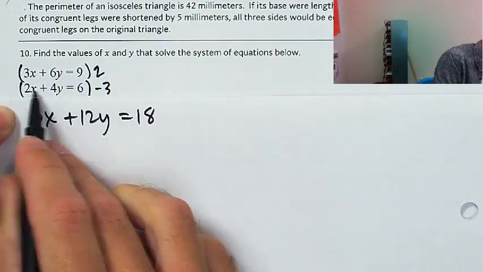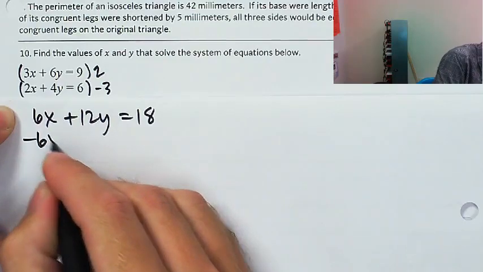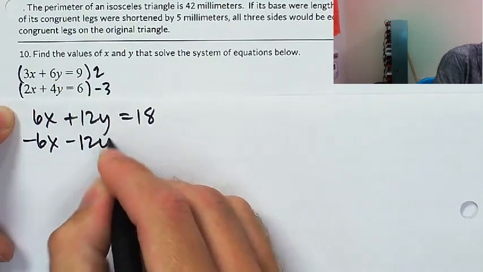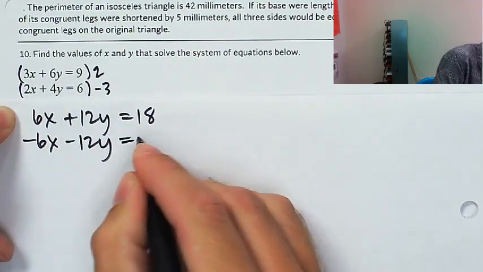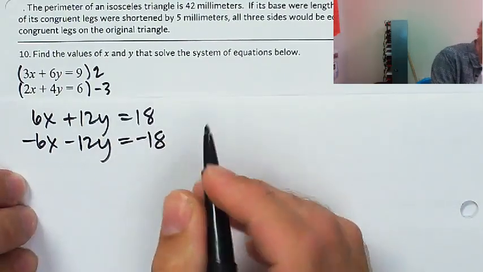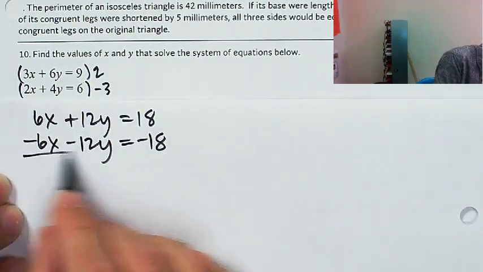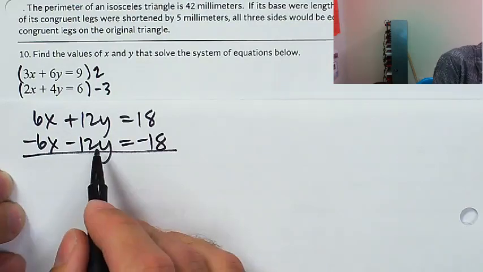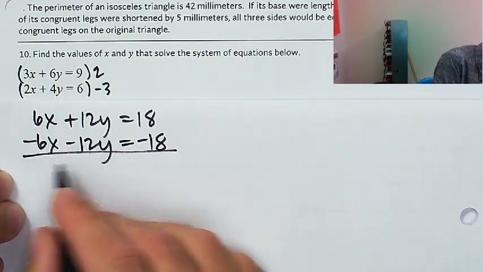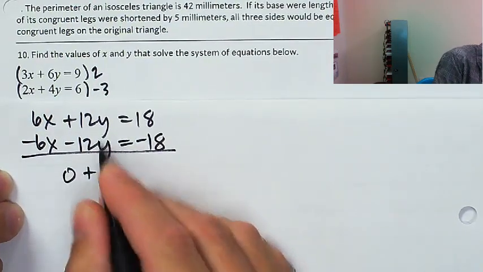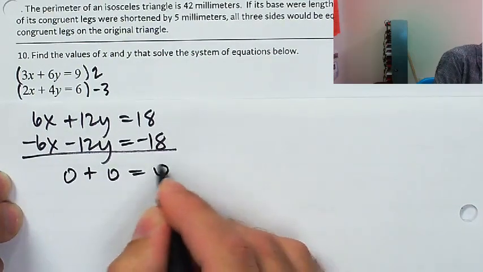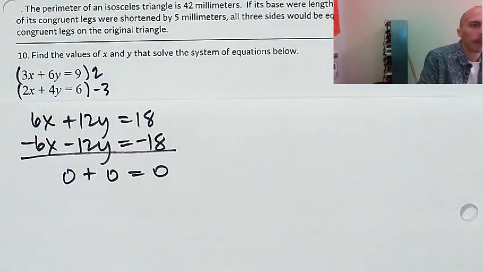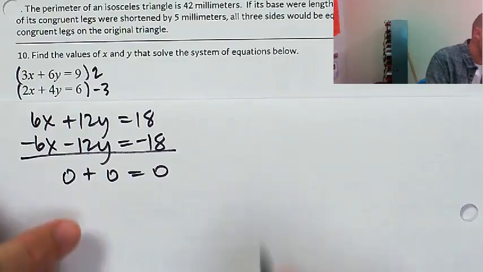And when I multiply everything by negative 3, I'll have negative 6x minus 12y equals negative 18. Okay, and that looks a little suspicious, but I'm going to just go with it. I'm going to add them together. And then I'm going to see 0x plus 0y equals 0. Oh, okay, that's true. And this one has infinitely many solutions.